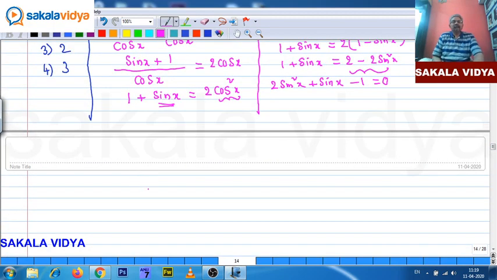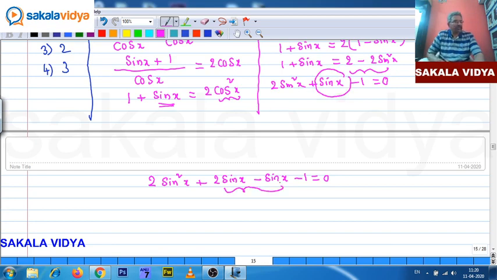So now, 2 sin square x plus 2 sin x minus sin x minus 1 is equal to 0. That means the middle term is written as 2 sin x minus sin x. So 2 sin x is taken common out, we have sin x minus 1.